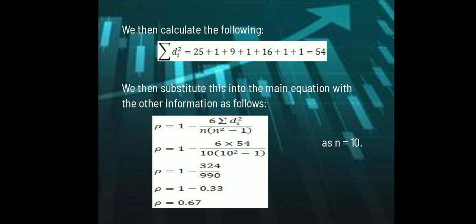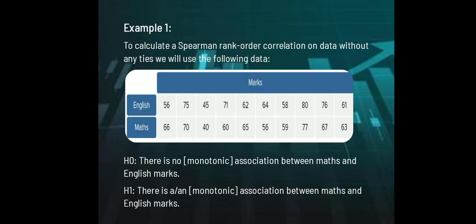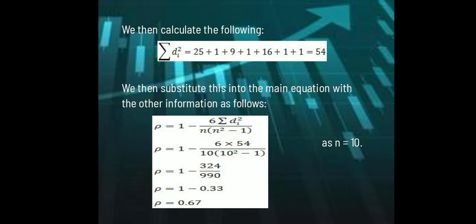We will accept H0 if ρ is less than or equal to 0, and we will accept the alternative hypothesis if ρ is greater than 0, right? And we have the coefficient of 0.67, which means that we will accept the alternative hypothesis.